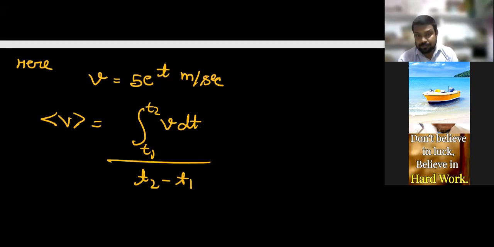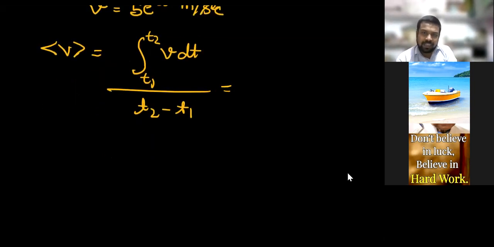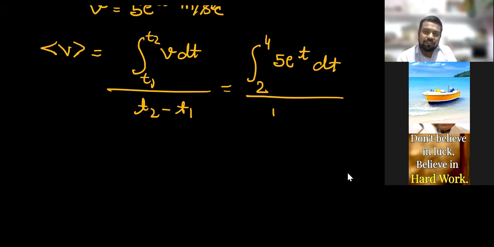So that means it's the integration from 2 to 4 of 5 e to the power t dt divided by 4 minus 2. Let us see this integration.